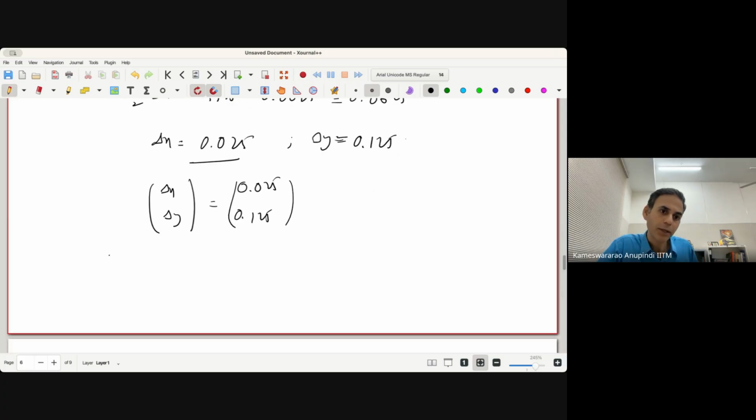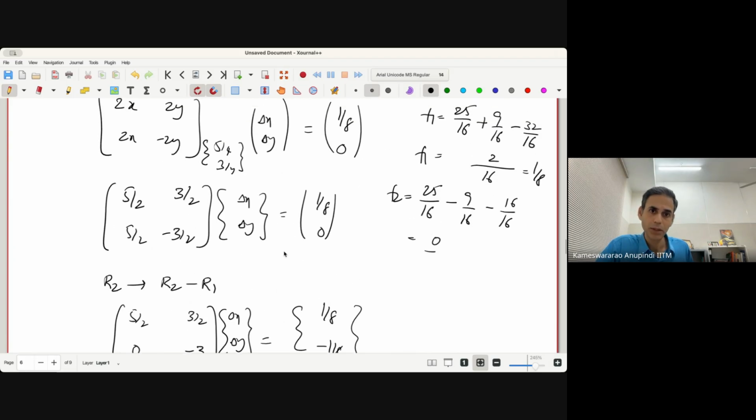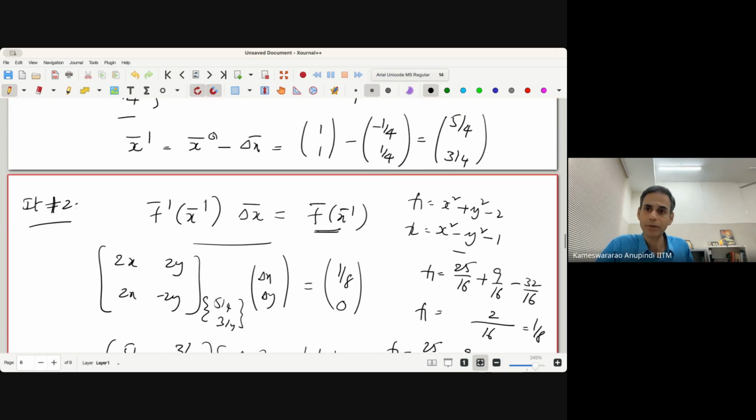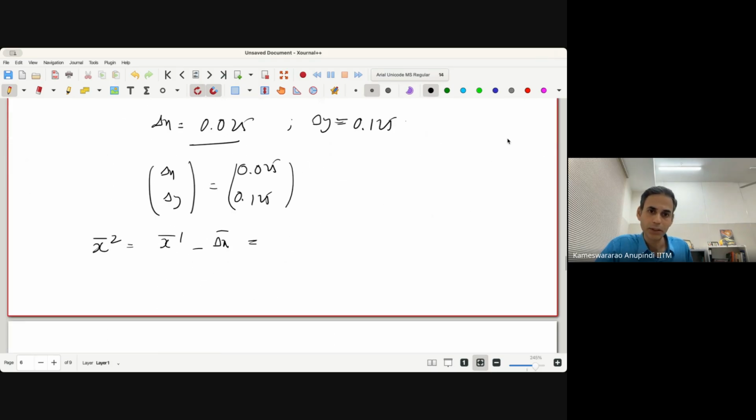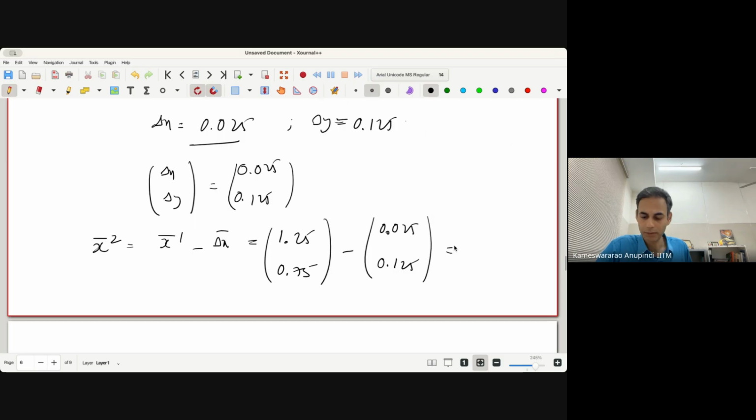That means I can calculate x bar 2, which is x bar 1 minus delta x bar. X bar 1 we obtained as 5 by 4, 3 by 4, that is 1.25 and 0.75. Minus 0.025, 0.125, 1.25 minus 0.025 is 1.225, and 0.75 minus 0.125 is 0.625.